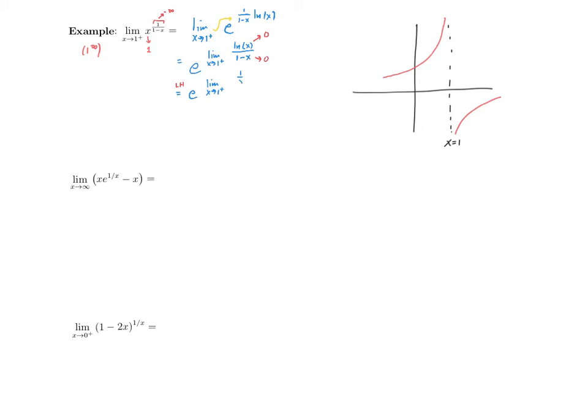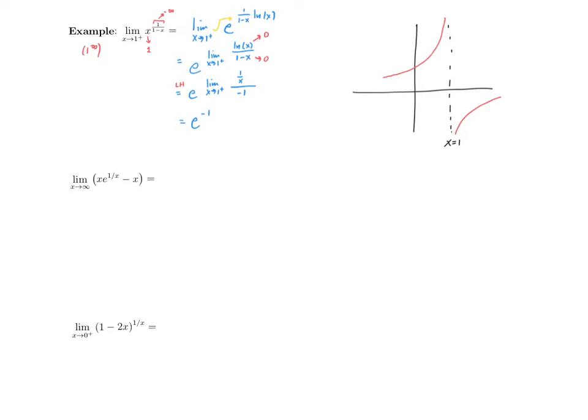We take the derivative in the top, and we divide by the derivative in the bottom. And now, as x approaches 1 from either side, 1 over x is continuous at 1, so we can simply substitute in 1. 1 divided by minus 1 is minus 1, and the value of this limit would be e raised to the minus 1.